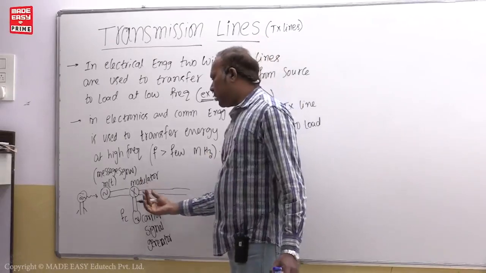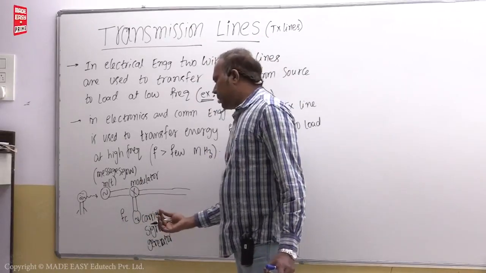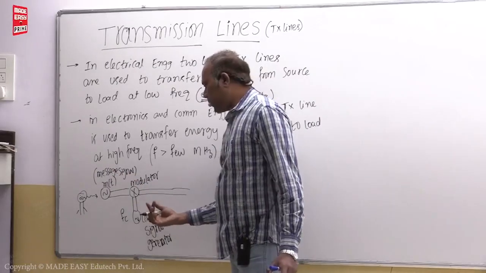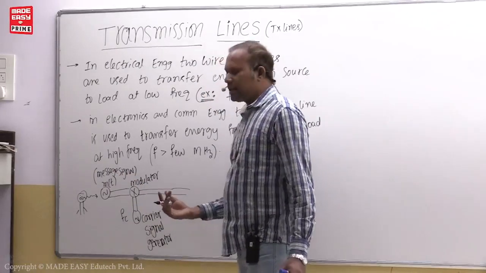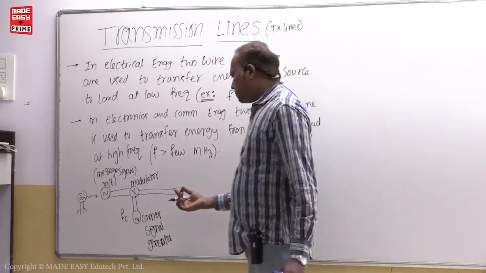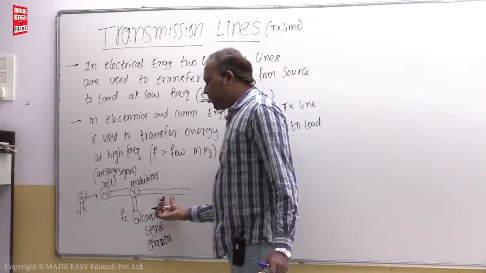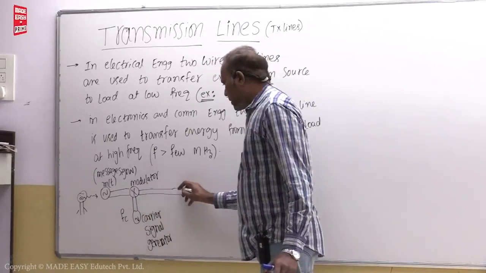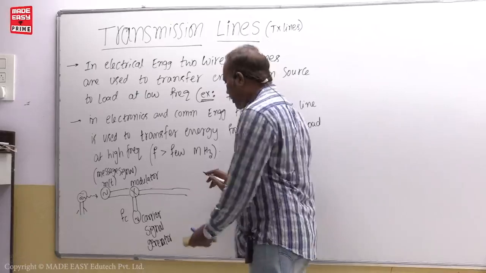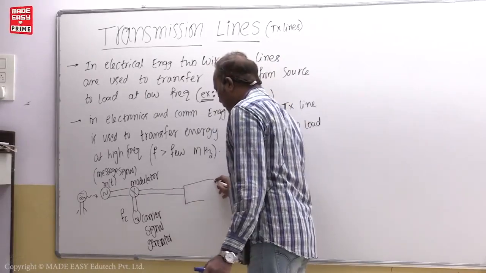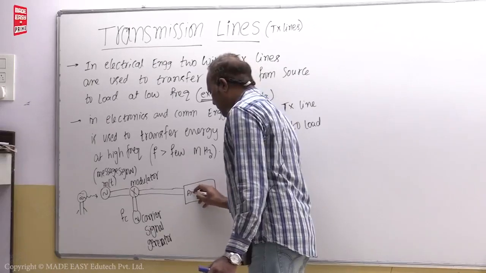In the modulator, this message signal is inserted onto the carrier signal in different ways, by changing amplitude or by changing phase, etc. So now you have a high frequency modulated signal, and these are two-wire transmission structures here. If you want to send for longer distances, then you have to put an amplifier here.